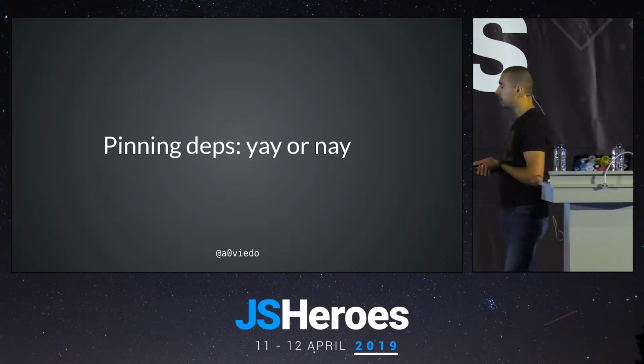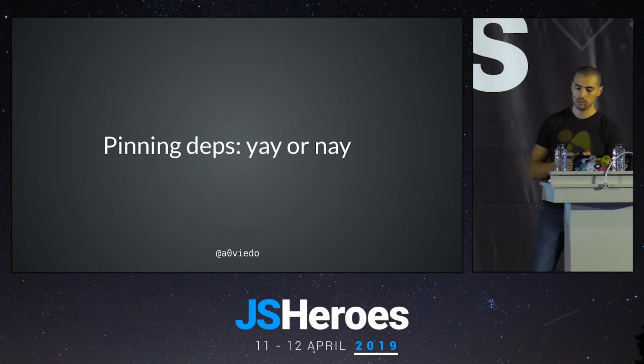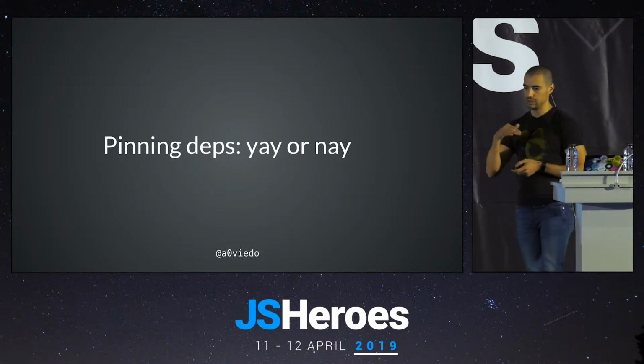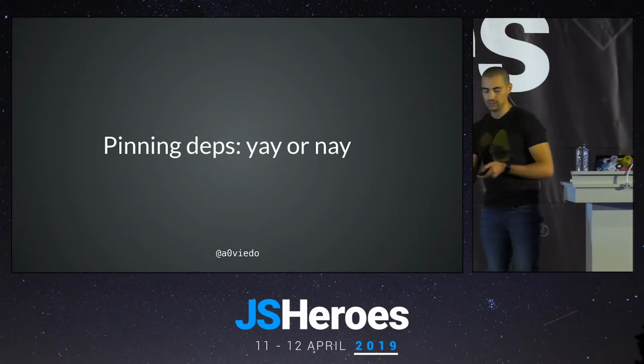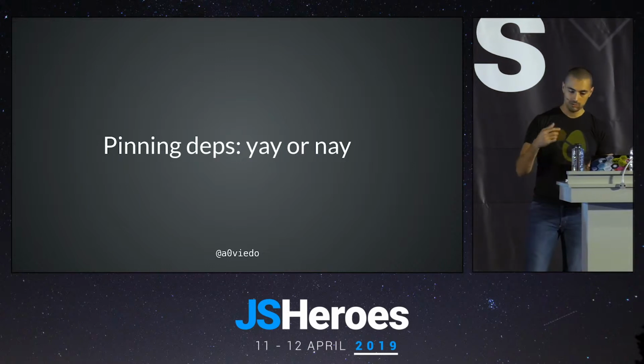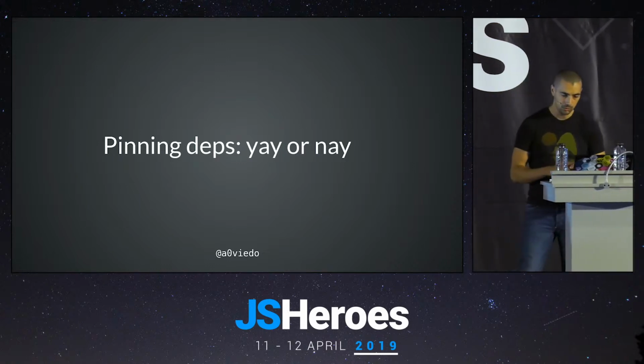To be more explicit, pinning your dependencies is when you put an exact number in your package.json, right? When you, instead of using the caret or a range in your dependencies, you put in a specific version, for example, 3.3 or anything that you would want.